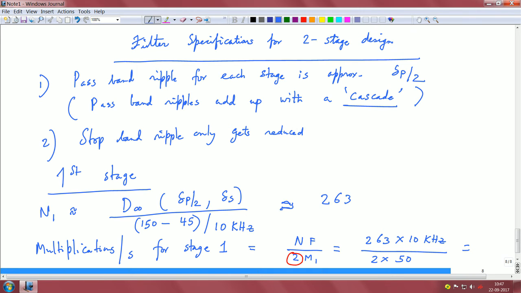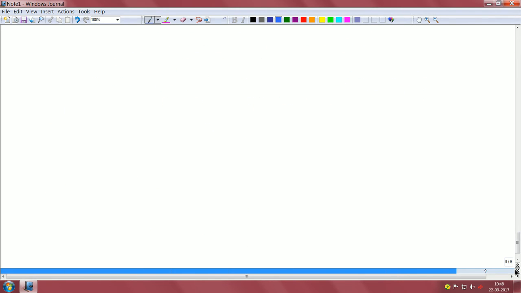So I will just write this as 52,600 by 2 multiplications per second. Just this factor 2 appears the way it is. Now, let us look at the second stage.